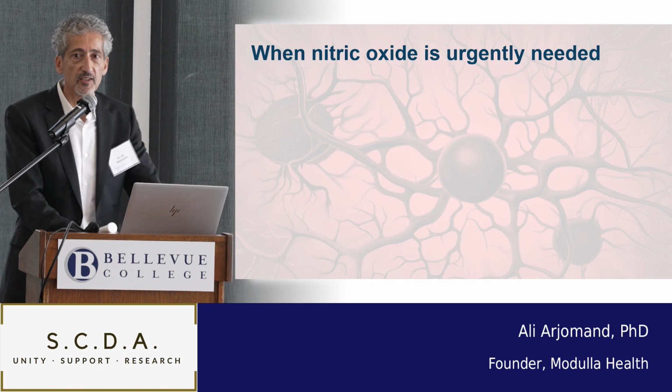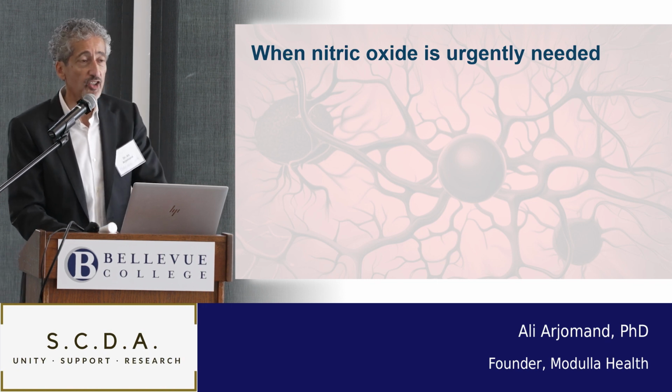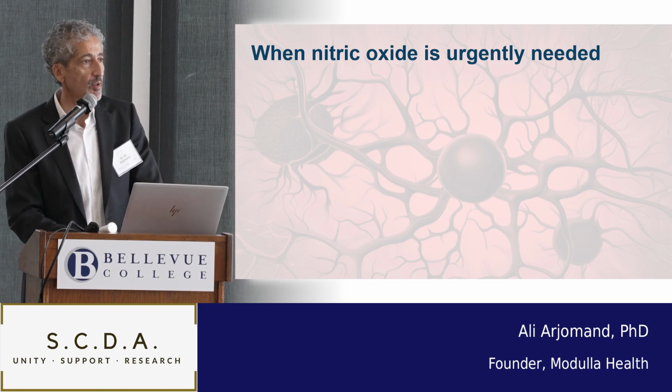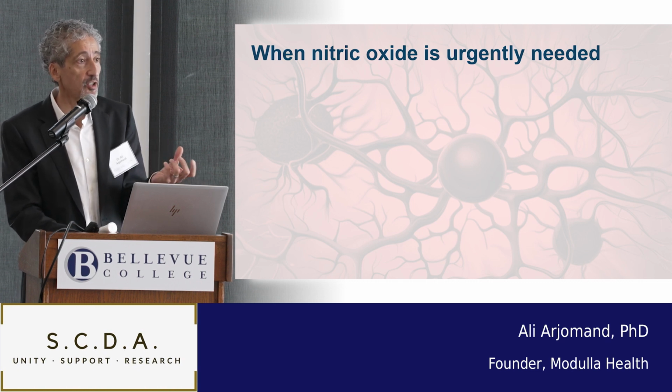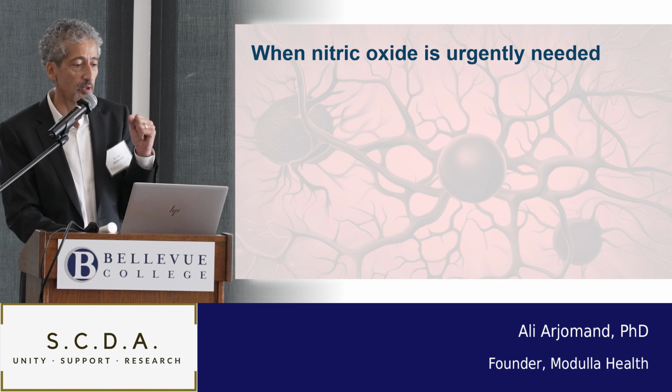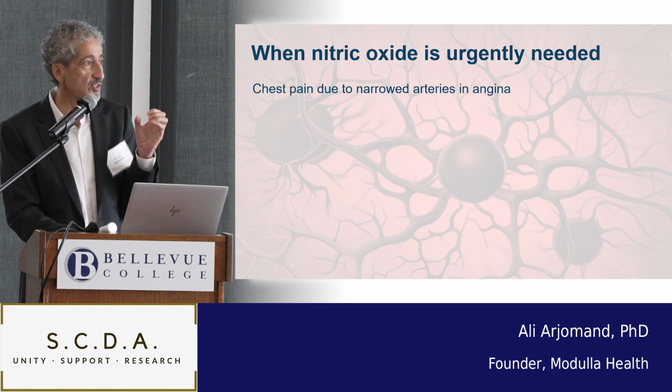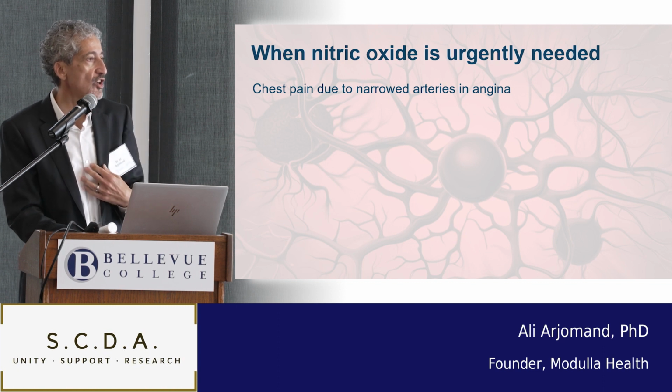Now, when nitric oxide production is not happening in your body, I mentioned hypertension. There are other cases where you're really in trouble and your blood vessels are so constricted that you get pain in the heart, angina. This is basically the precursor to a heart attack.